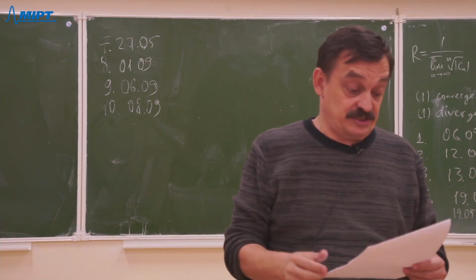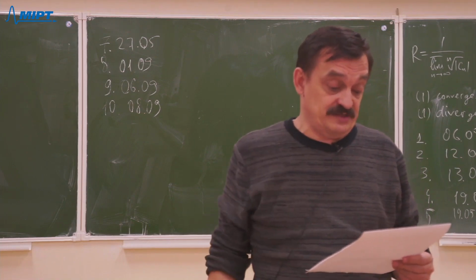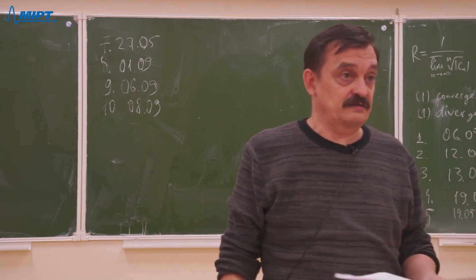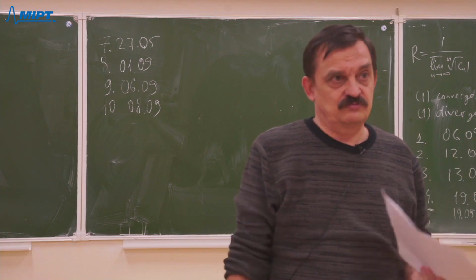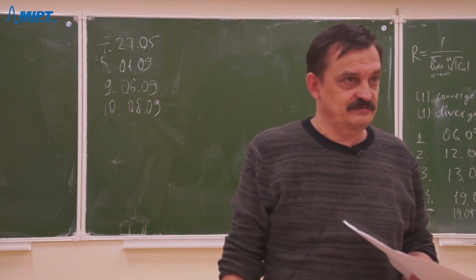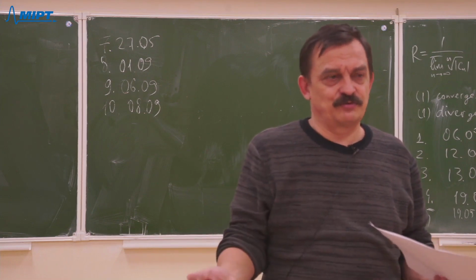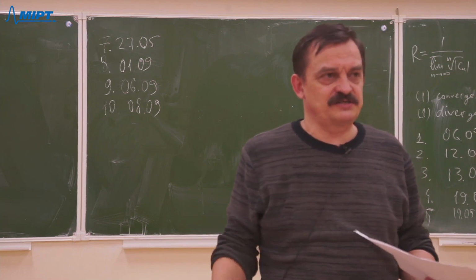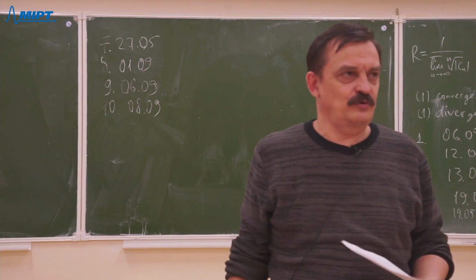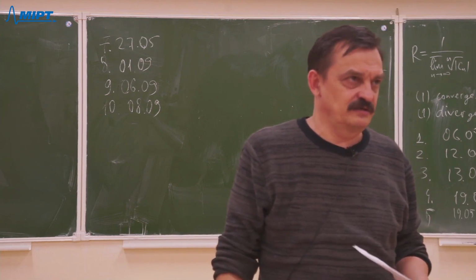Okay, 11th question. Properties of the limits of sequences in Rn. You remember it was rather big theorem, right? Some properties were given for metric spaces, some properties for Euclidean spaces, and so on, right?